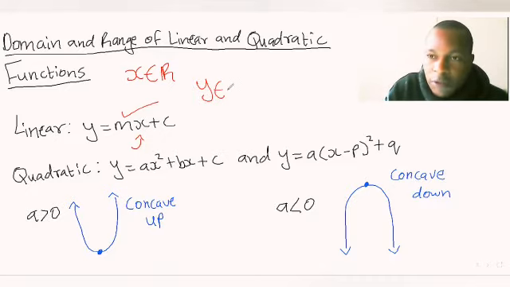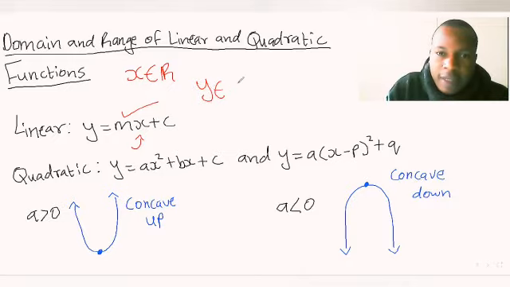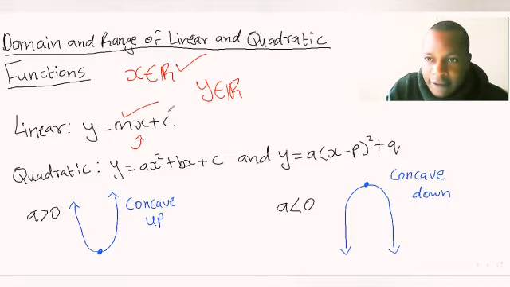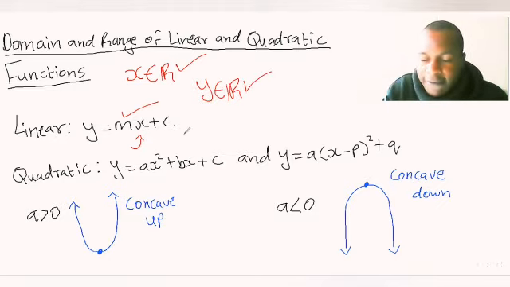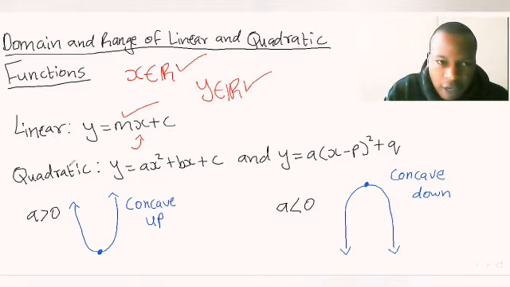So we can also state that the range of a linear function would be y is an element of real numbers as well. This would be the domain of the linear function as well as the range of the linear function. Now for the quadratic function, it becomes a bit different.